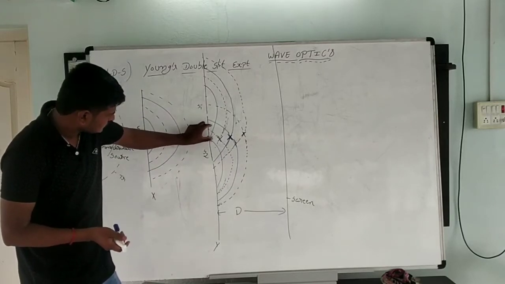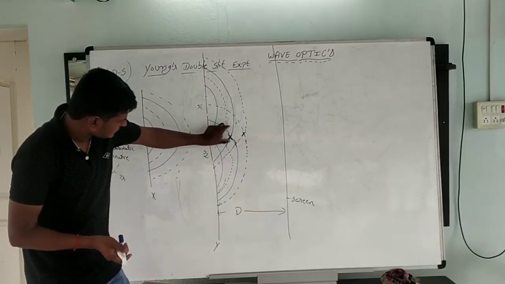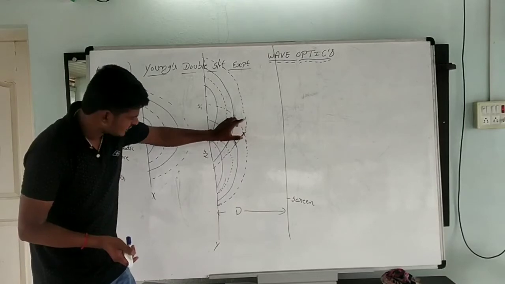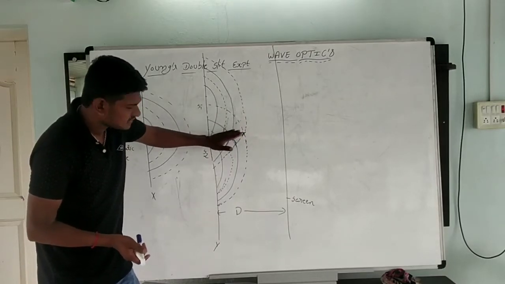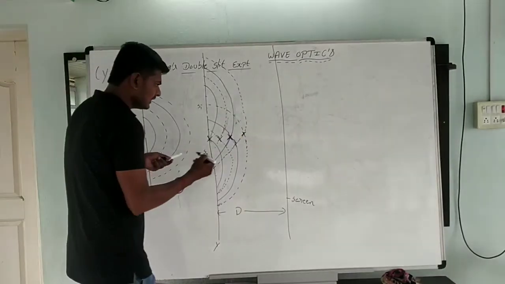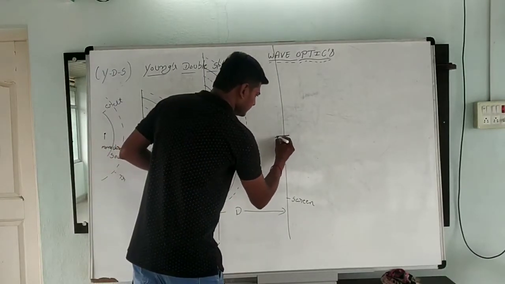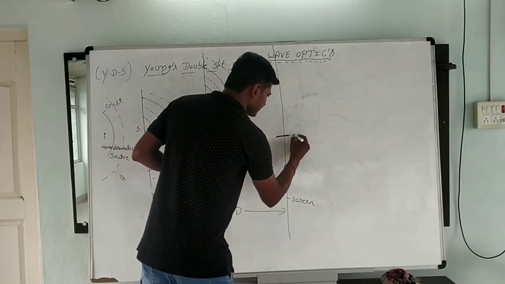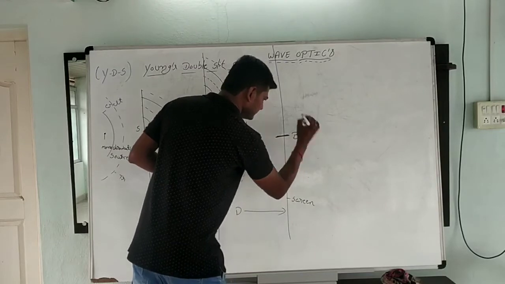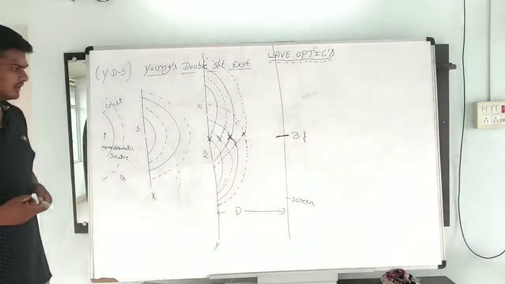Crest of one wave meets crest of the other, and trough meets trough: crest and crest, trough and trough. So at the center of the screen, we will get the bright fringe.